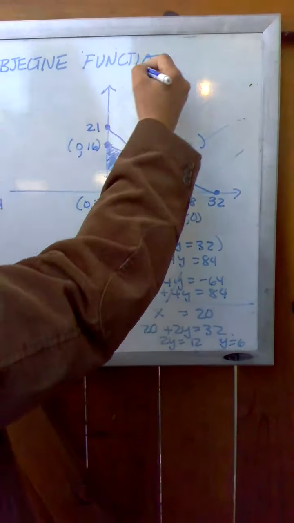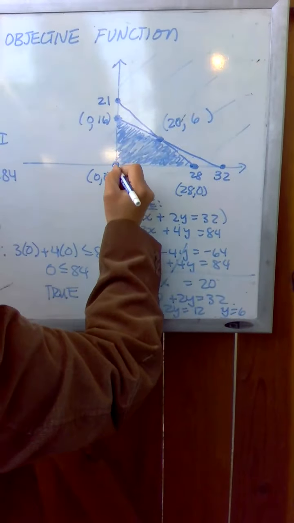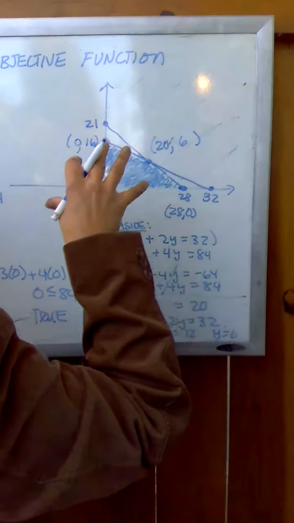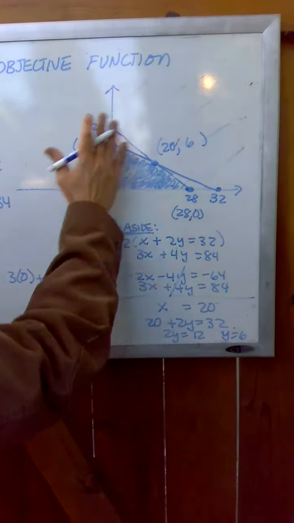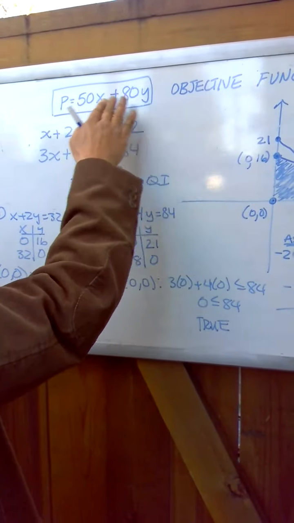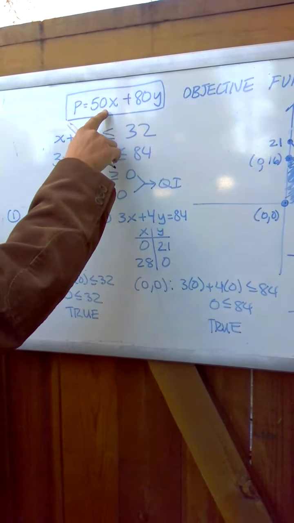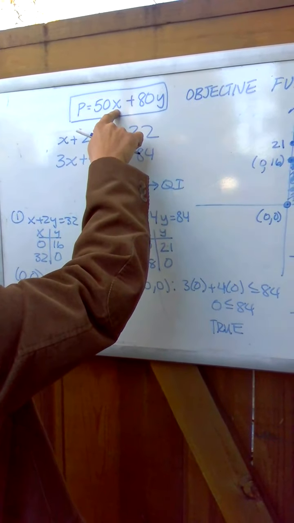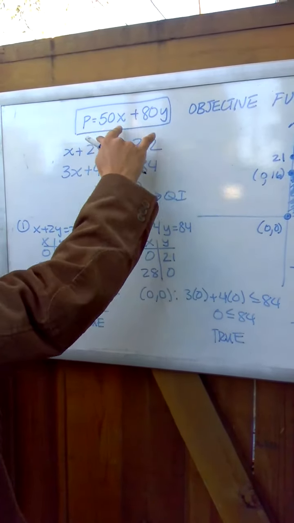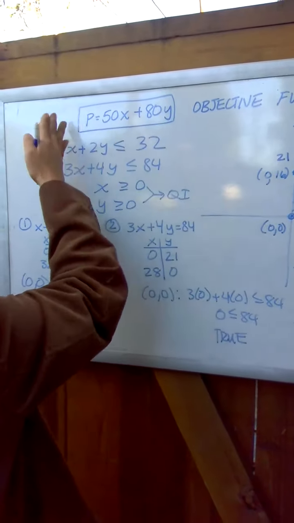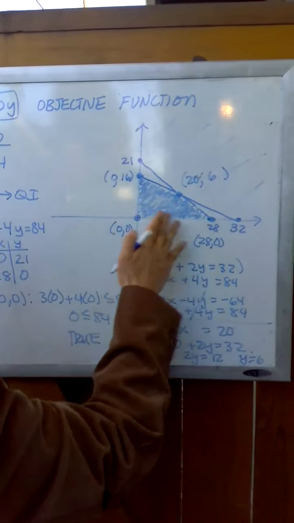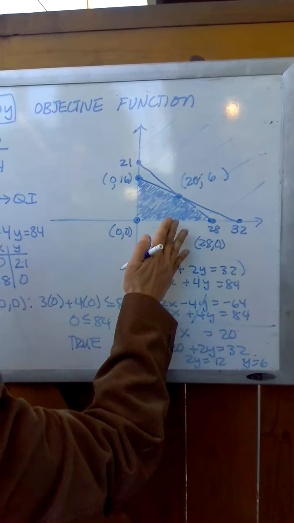So these corner points right here: 0, 0, 0, 16, 20, 6, and 28, 0. So what happens is when we're trying to figure out the maximum profit over here, the solution for x and y, how many standard tents and how many expedition tents should you manufacture in a day to maximize your profit, it turns out those two numbers fall somewhere in this region here, this feasible region.